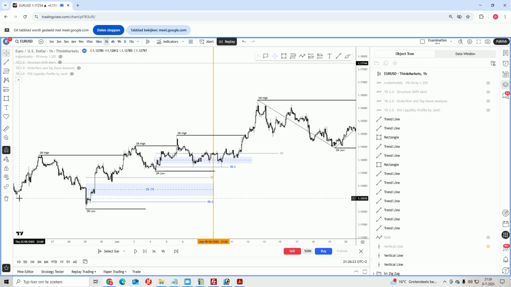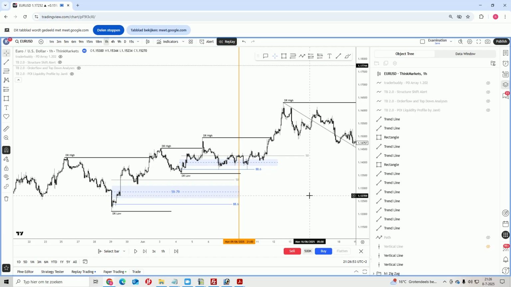to trade off, what would be a very wise thing to do? First, if we are in an uptrend, where is it wise to look for a long? In the premium or in the discount? Because what is premium and what is discount? Everything above the 50 is premium, and everything below the 50 is discount.